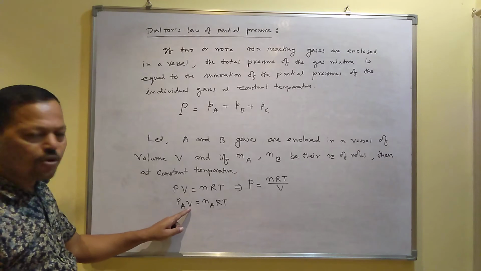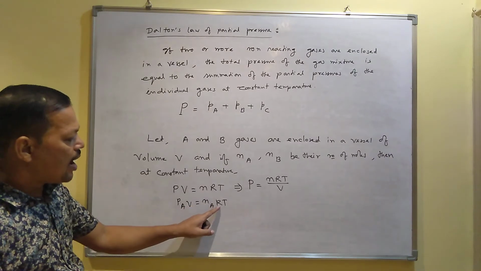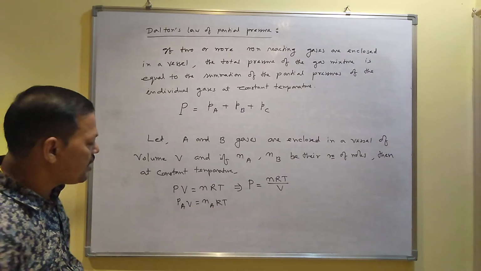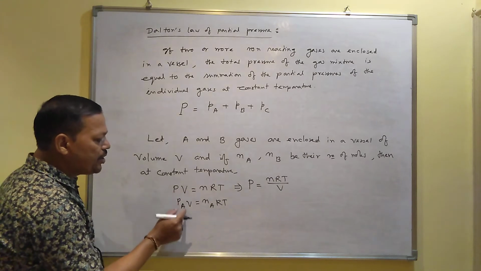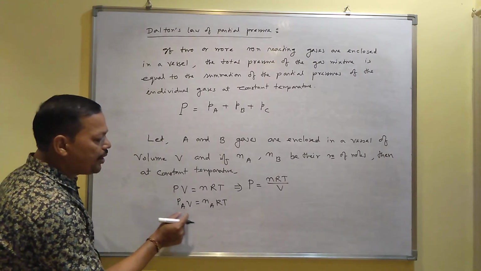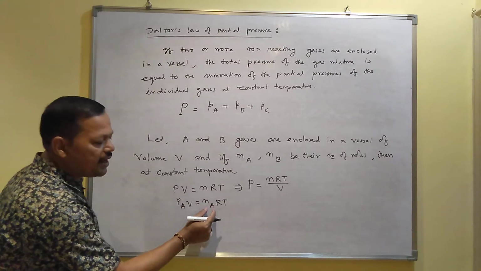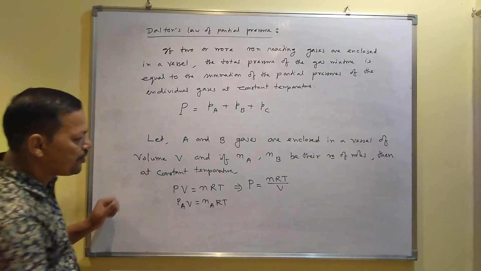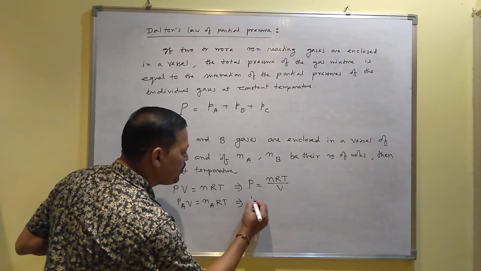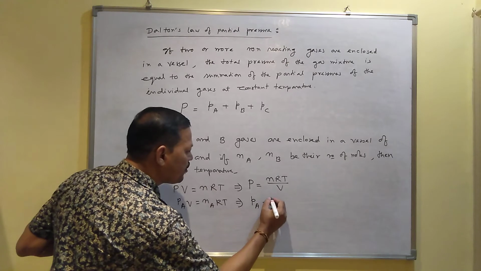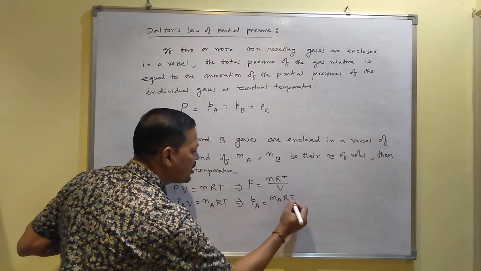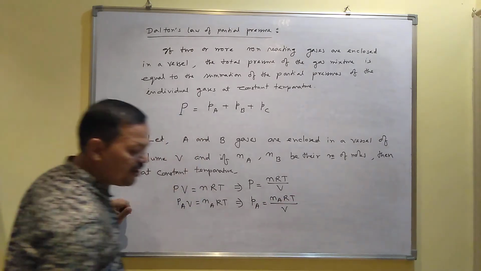Because volume is constant, R is constant, temperature is constant, that's why instead of P you have to write PA, I mean pressure of A, and instead of n you have to write Na, I mean number of moles of A. That means you can write PA is equal to nART divided by V.